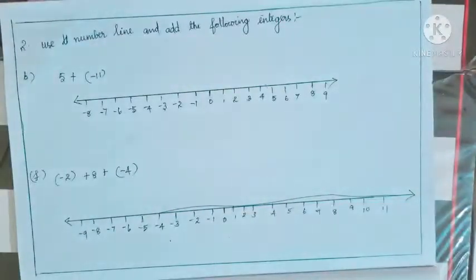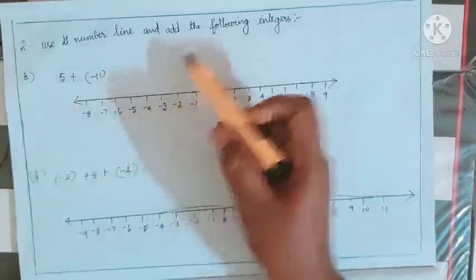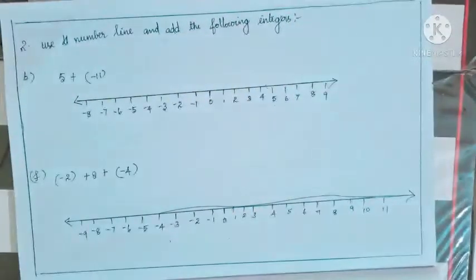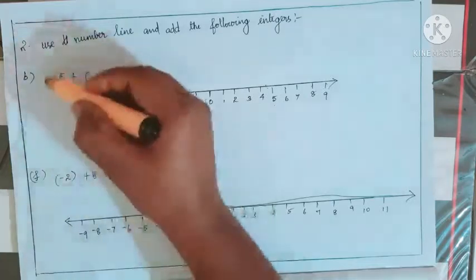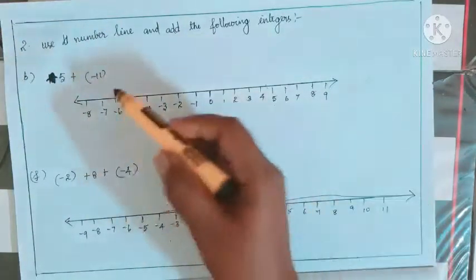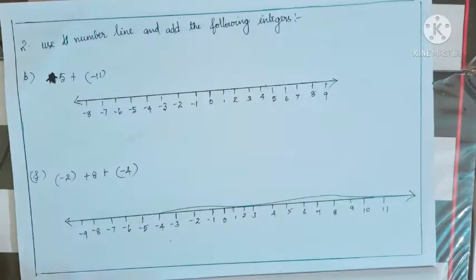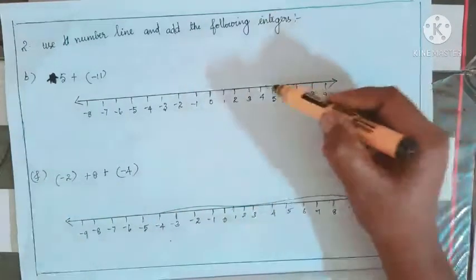Now you go to another number line. Use the number line and add the following. See here, it is given plus 5 plus minus 11. So it is plus 5 and minus 11. You go stand at plus 5 first. So you are standing in 5 now.